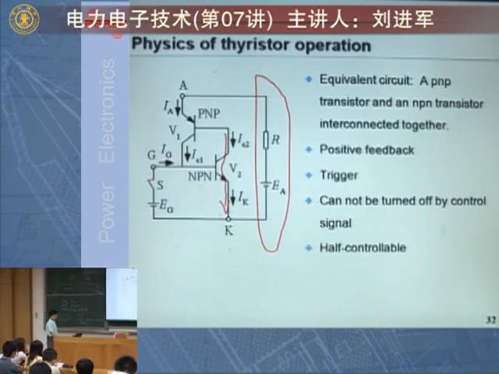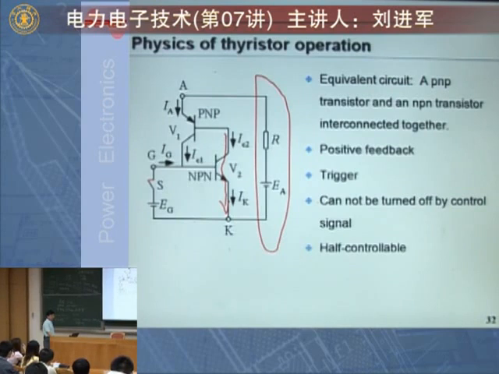And when you have current flowing this way, remember the collector of V2 is also the base of V1. So you will generate base current for V1 also. And therefore, when V1 has base current, V1 will also allow current to flow through.